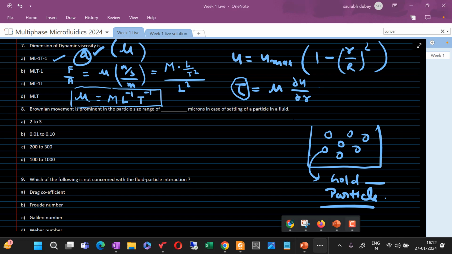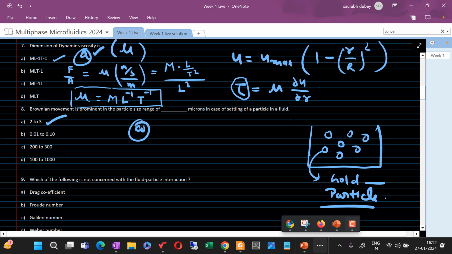That's why I gave that example. So this is somewhat informative: if 2 to 3 micrometer size particles are there, there will be predominant Brownian motion. If Delhi atmosphere has this particular size range, then there will be predominant Brownian motion. So A will be the correct option for this one.